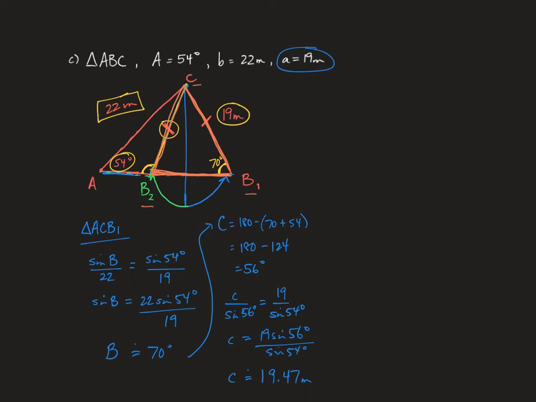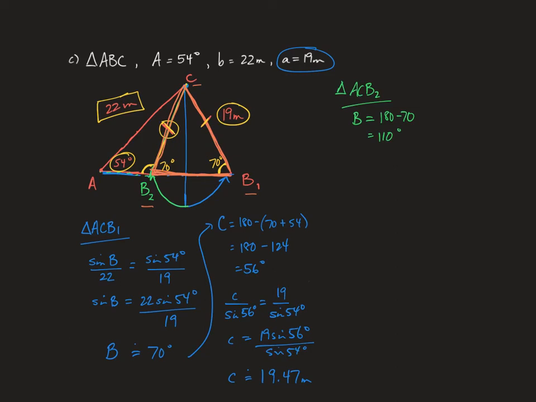Since that triangle is isosceles, then I know that of the two equal sides, their angles must be equal. And that's what's going to allow me to jump into triangle ACB2, because I know then that angle B is 180 degrees minus my 70 degrees.